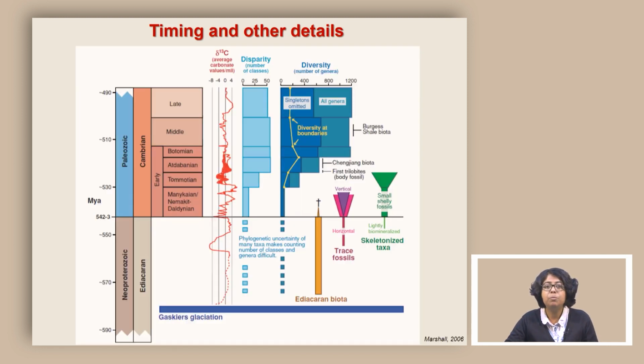Another thing which is important to recognize is the pattern of the activity of animals before and after Cambrian. So, this plot shows the Cambrian boundary, which is around 552 to 553, and then we look at the Burgess Shale fauna, which is definitely a middle Cambrian part, but there are other fauna such as the Chengjiang biota from China.